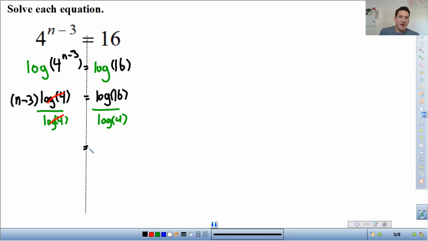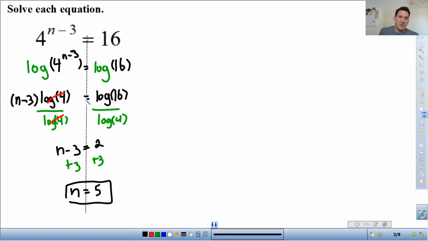Log of 16 divided by log of 4, you can put that in a calculator. That actually just comes out to 2. So you get n minus 3 is equal to 2, and then finish solving for n. I add 3 to both sides. I get n is equal to 5.